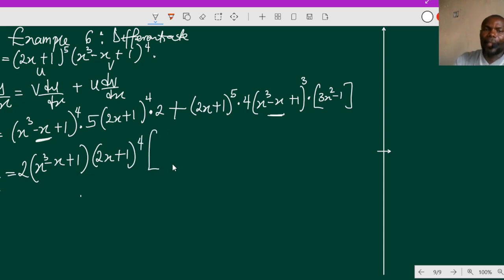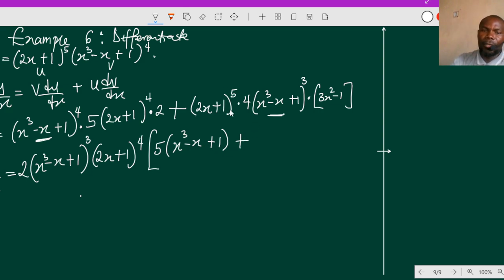We now open the bracket. You know x cubed minus x plus 1 is common. In place of removing it outside, the other one will now remain 1. You know you have taken out 2, so it will now be 5 brackets x cubed minus x plus 1, because taking out 2 here, we now remain with plus.